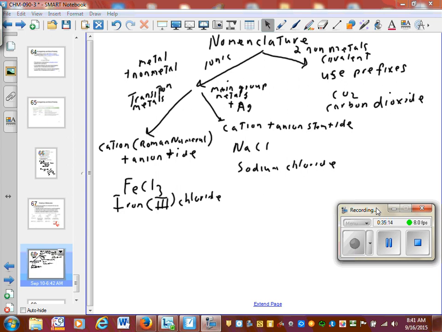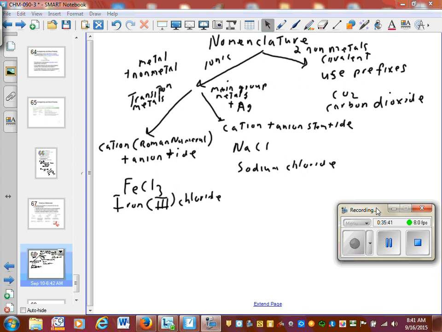If it's ionic, then we have to make a few choices. If it's a transition metal, a metal with more than one possible charge, use the table in your book, we use the cation name, which is the name of the metal, the Roman numeral, which is the charge on the metal, and then the anion plus IDE. Example would be FeCl3, iron 3 chloride.